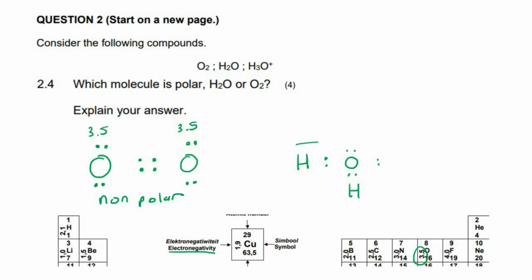Now if we look at this part over here, which is water. Hydrogen has an electronegativity of 2.1. Oxygen is 3.5. What that means chemically is that oxygen loves electrons way more than hydrogen loves electrons. The higher the electronegativity, the more it just wants electrons. So these bonding electrons over here are actually not going to be in the middle like this. They would actually be closer to oxygen, and over here as well.